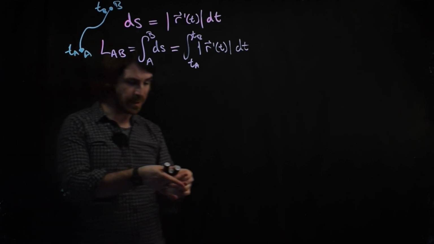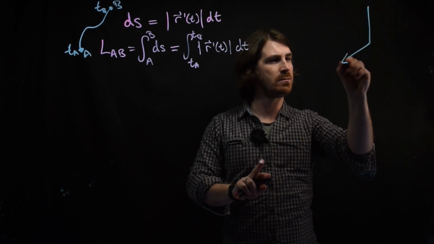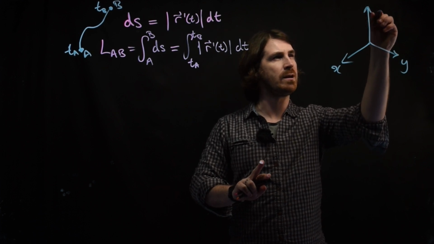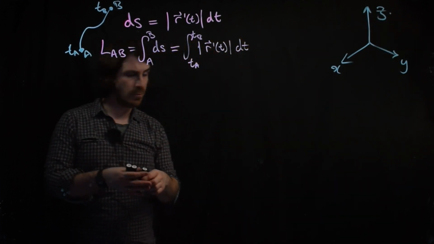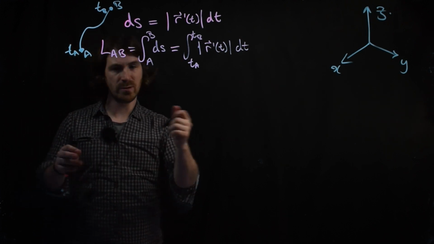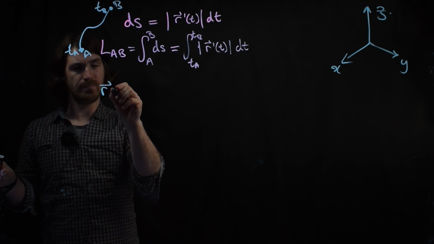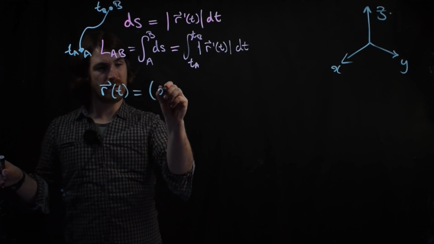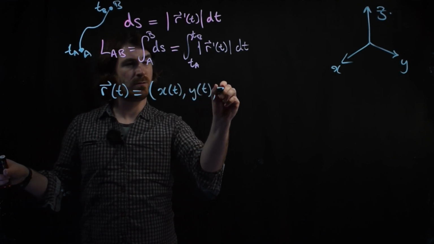Let's go back to our DNA helix in 3-dimensional space. So we have x, y, and z. In general, we have a vector r of t, parametrized by t, which is x of t, y of t, z of t.